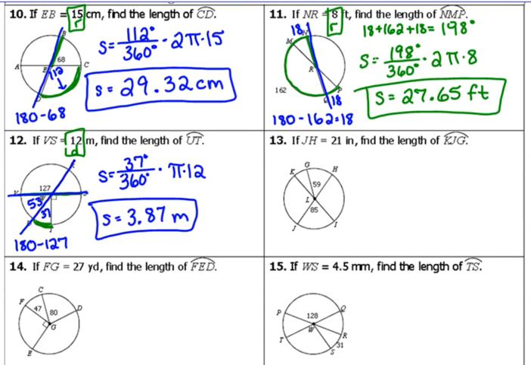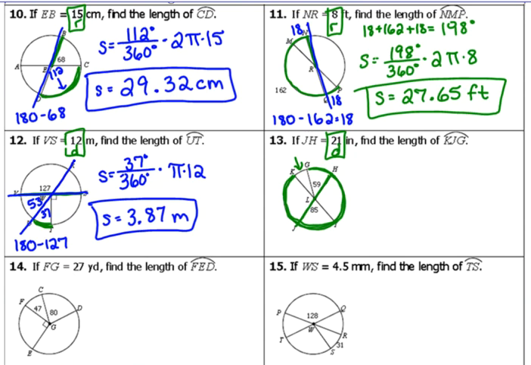Last one, number 13. If JH is 21, JH, diameter. Find the length of KJG. So we gotta go from K to J all the way back around to G. So we are talking about almost the entire circle, except for that part right there, from K to G. So let's see what we can figure out.